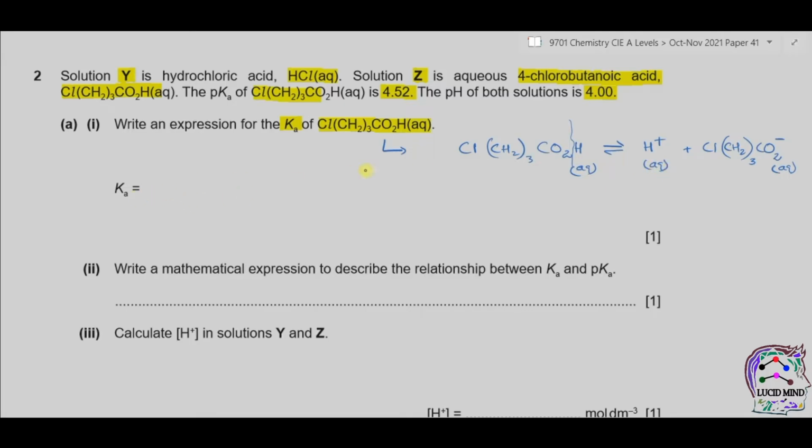Now Ka is actually the concentration of products divided by the concentration of reactants, raised to the power of their respective number of moles.